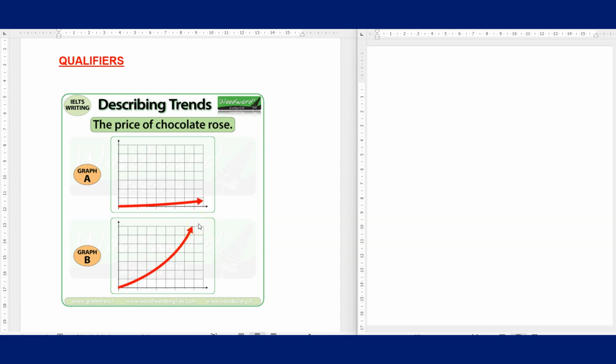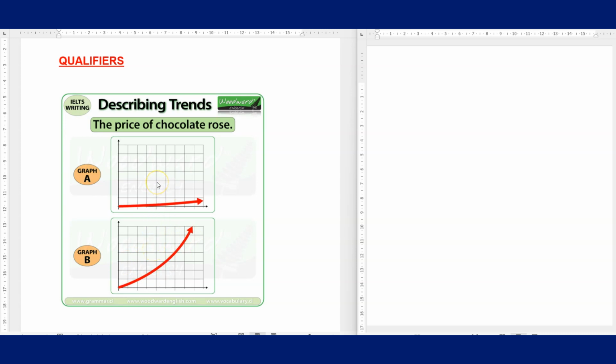So if I say that the price of chocolate rose, how do you imagine the graph to be? Just take it that you don't have any graph before you. Is it this one or this one? Is it the first one or the second one?